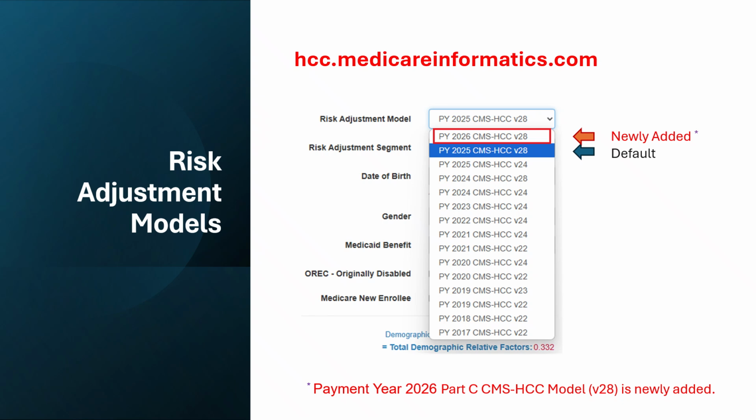Meanwhile, the payment year 2025 Part C CMS-HCC model V28 remains the default model. Please use the new payment year 2026 Part C CMS-HCC model V28 when you want to see how the payment year 2026 normalization factor affects the payment year 2026 risk adjustment scores.